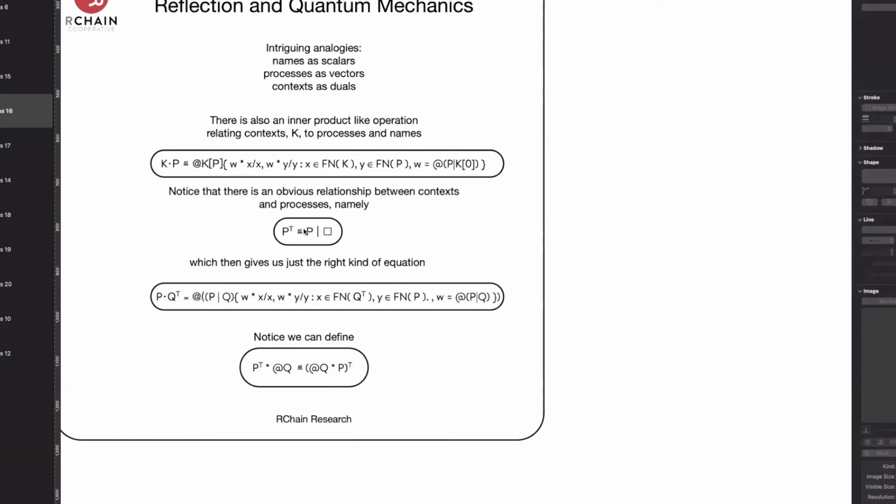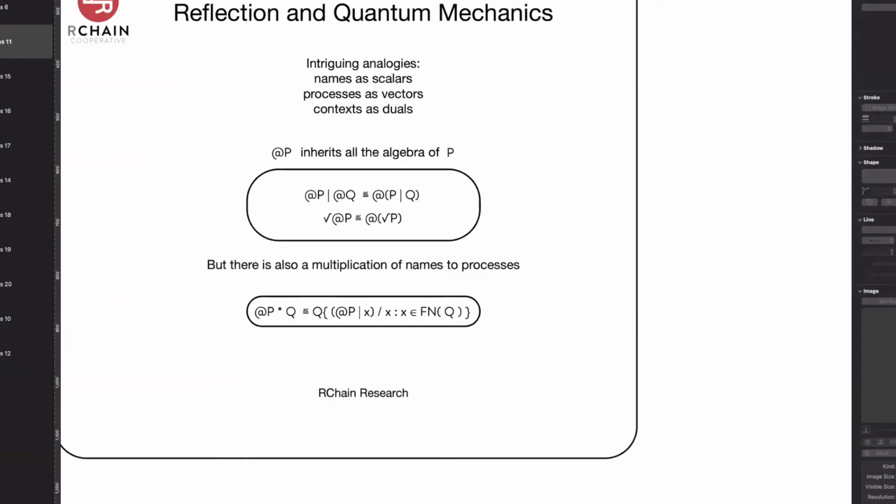So it's just a quick reminder. Remember that the name of a process, names have all the algebra of processes, right? So in particular, I can define a parallel composition of names.